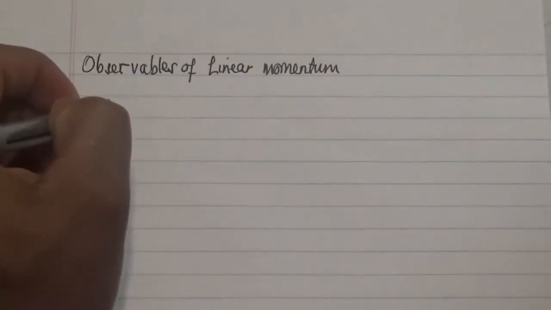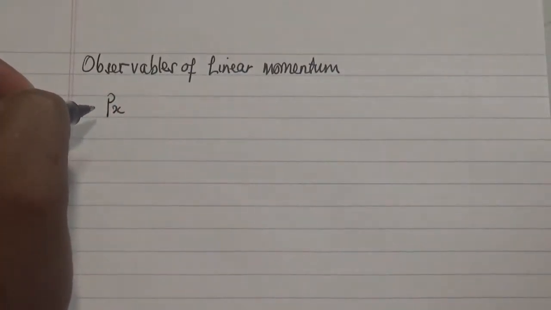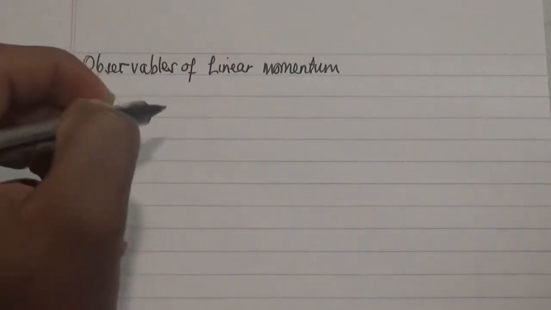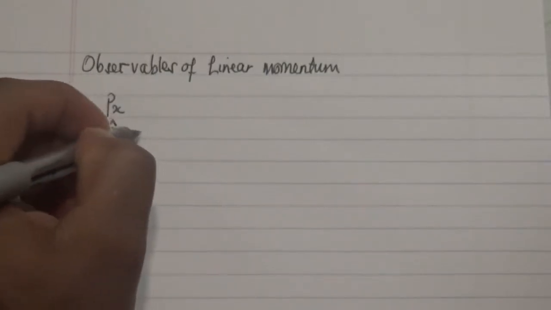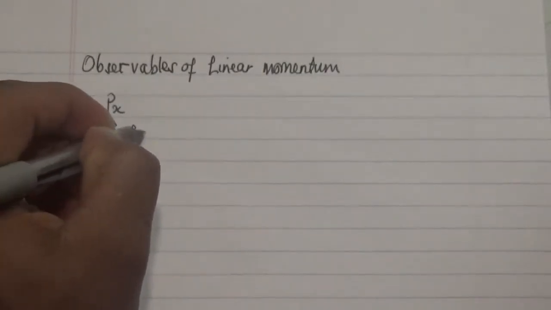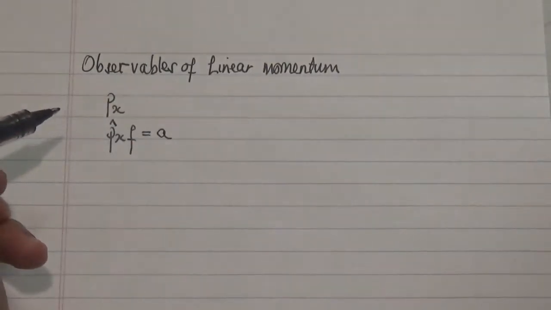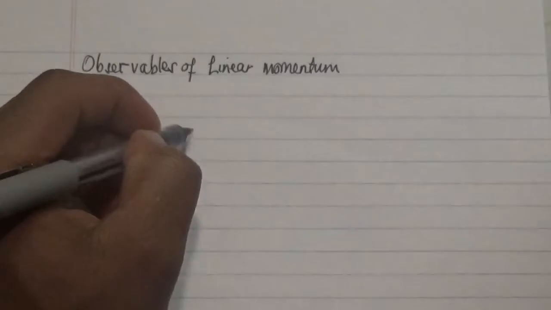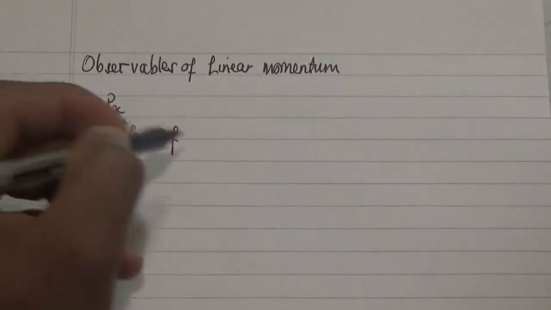Let's consider the linear momentum to be px, in the x coordinate. An observable is easily measured where our px, which is our operator, is multiplied by our specific eigenfunction to generate its observable, which is represented as A, multiplied by the eigenfunction, which is being reproduced.